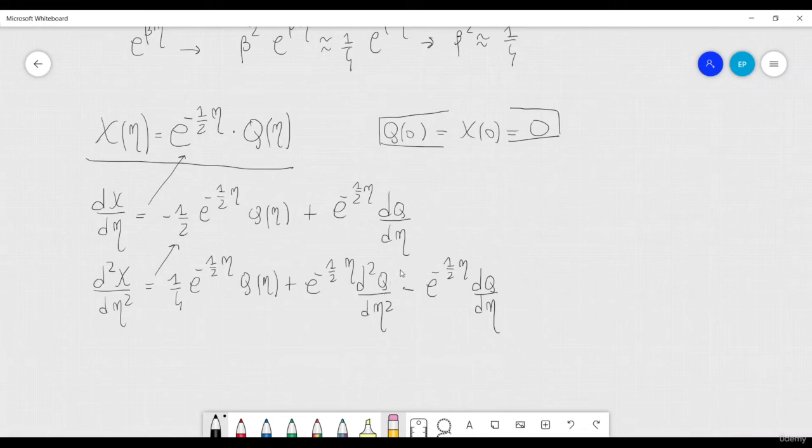Okay, and now what I need to do is I have to substitute this expression in the ordinary differential equation. So that's just some algebra, and I will not do it here. It's straightforward.